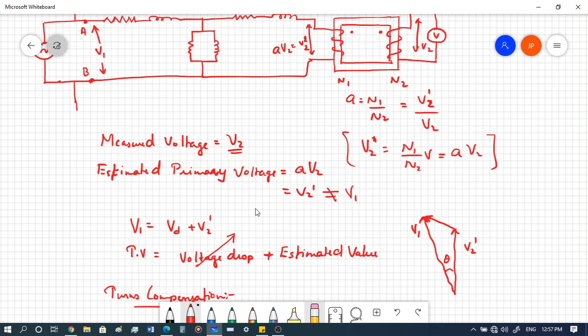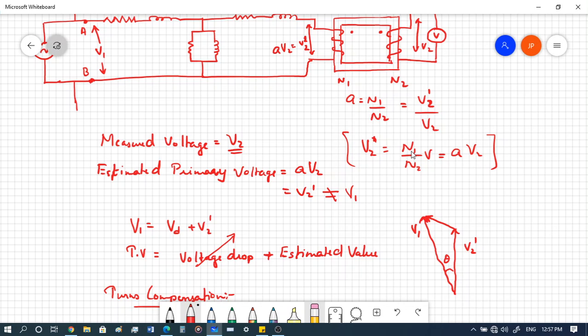So what we do is that we try to get the estimated value a bit higher than the normal value, so that we get the exact amount of voltage corresponding to the true value.